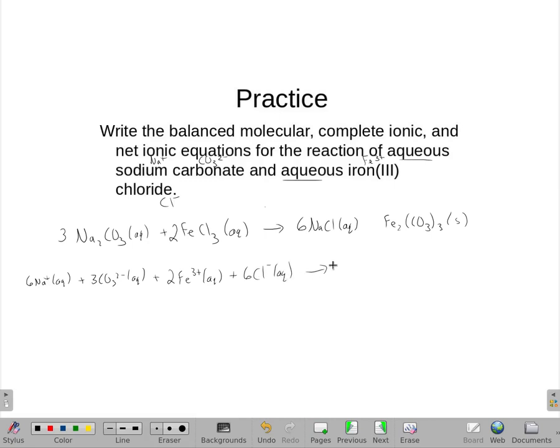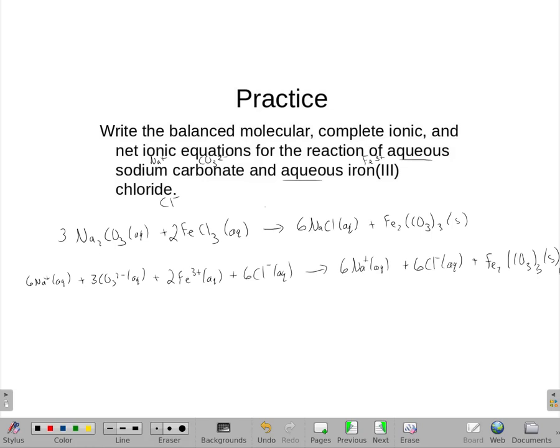That forms, products now, 6 sodiums and 6 chlorines. And our last thing, since that is a solid, it stays intact. Oh, I dropped my plus up there. That would be the complete ionic.